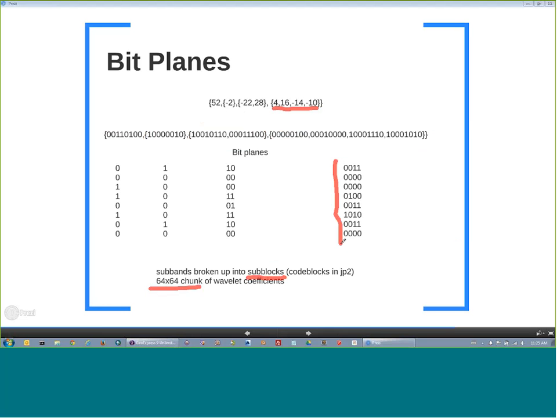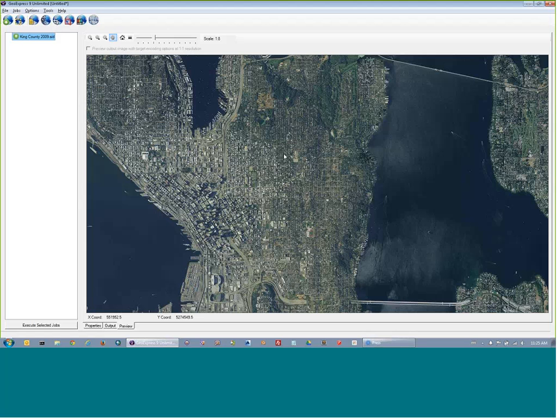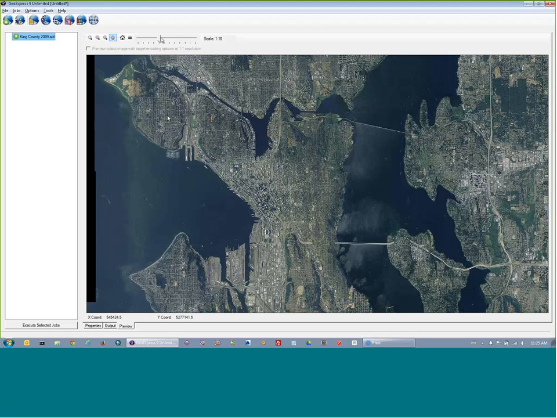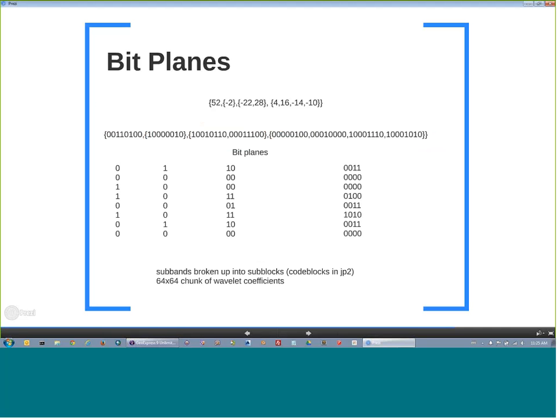So we'd have a 64 by 64 subblock here, and they're called code blocks in JPEG 2000, that basically make up the image. And why would we do that? Well, I'll show you when we decode the image, but essentially those subblocks mean that we can selectively decode part of the image. And I guess I'll get to that in a little bit.